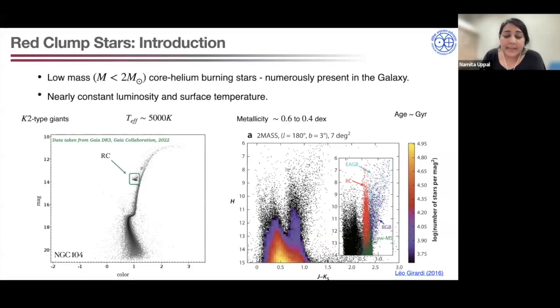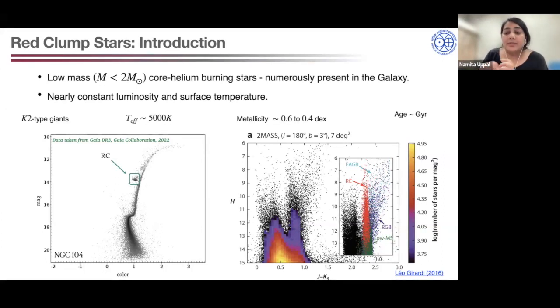For example, in the right side plot, this is the 2MASS color magnitude diagram in the anti-center direction, and here we can see there are two dense regions. The inset plot represents the population synthesis model CMD.